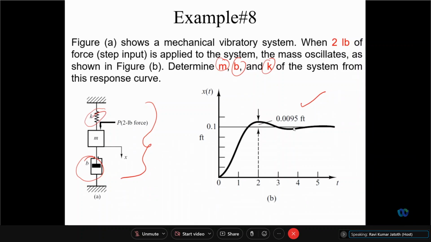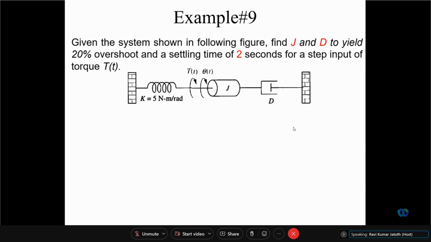So this is 0.1, and then this is 0.009 feet. Okay, so from this, you have to apply and then find it out. So these are real-time problems.